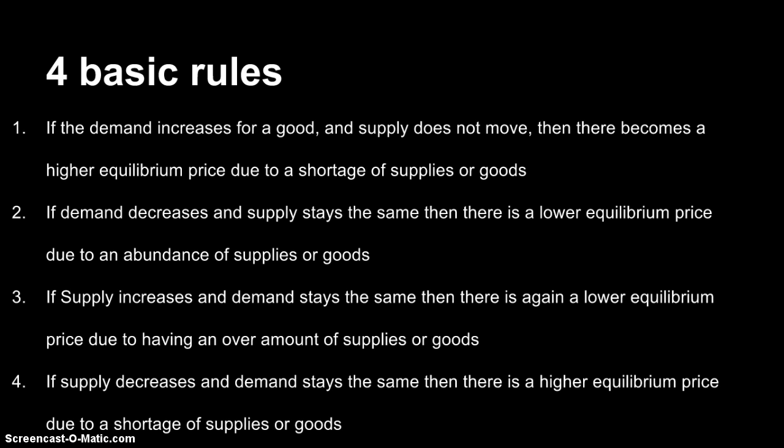And if supply decreases and demand stays the same, then there's a higher equilibrium price due to a shortage of supplies or goods, which is basically saying the same thing as the first rule. There's not as much supply as can meet the demand, so it's more rare, causing the price to go up.